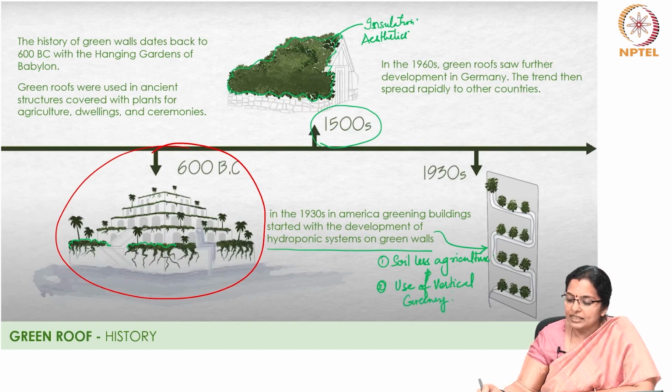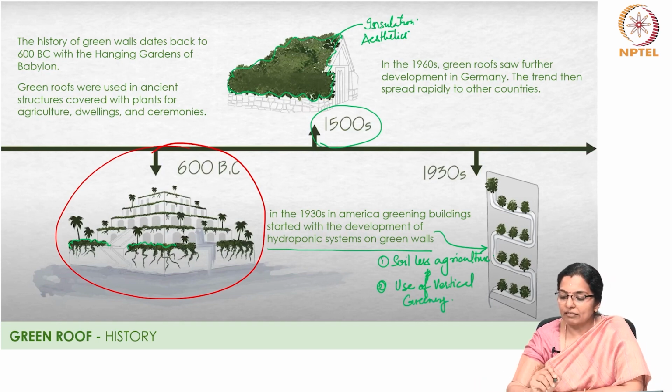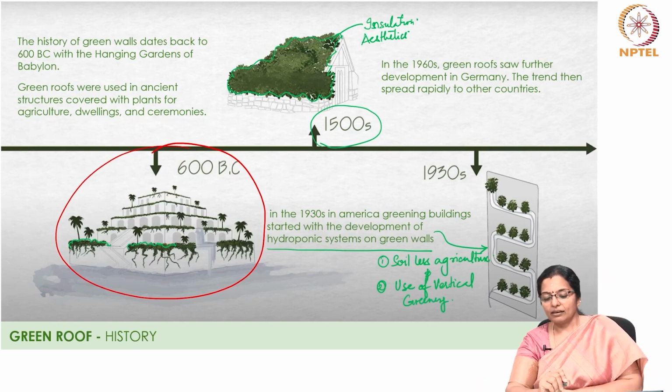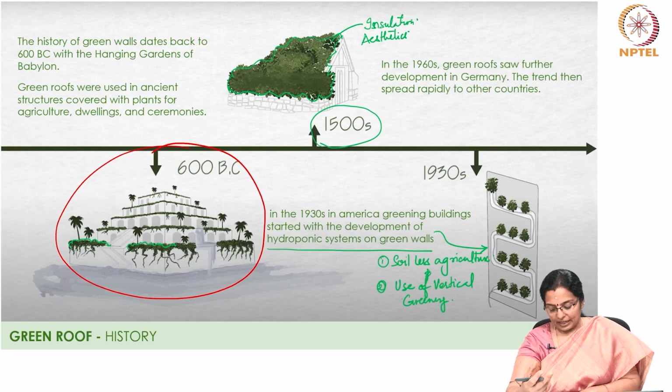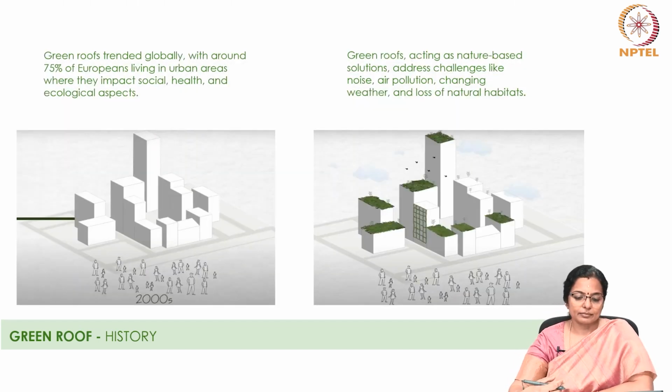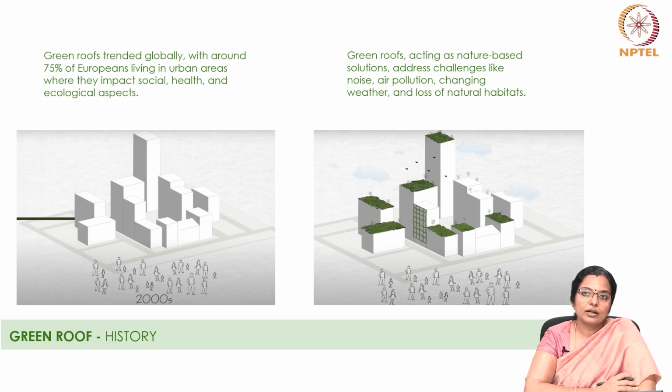In the 1960s, green roofs saw further development in Germany and the trend then spread rapidly. Now, green roofs have trended globally, with around 75% of Europeans living in urban areas where they impact social, health and ecological aspects.